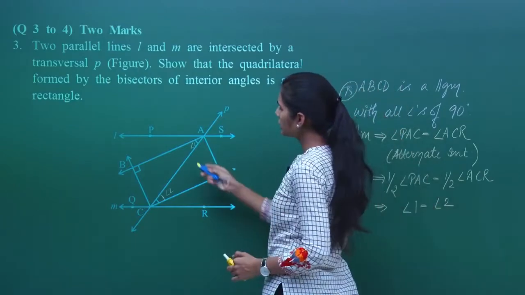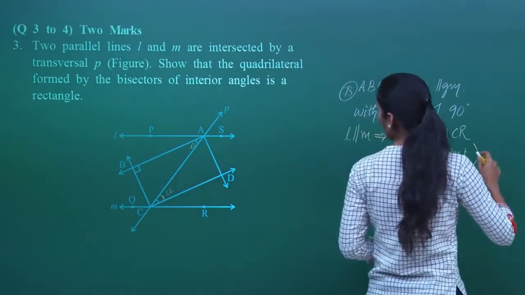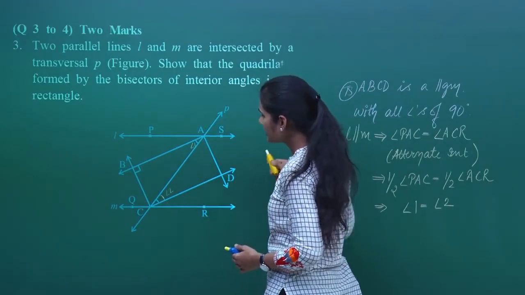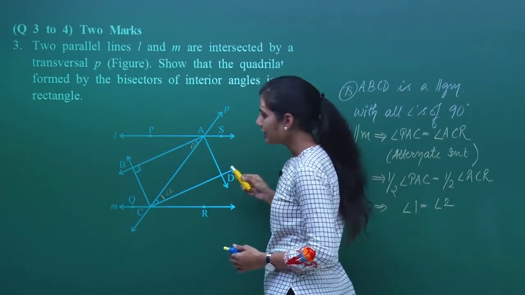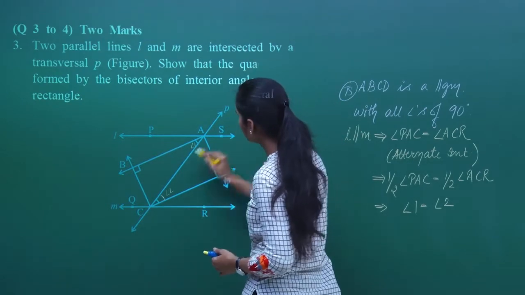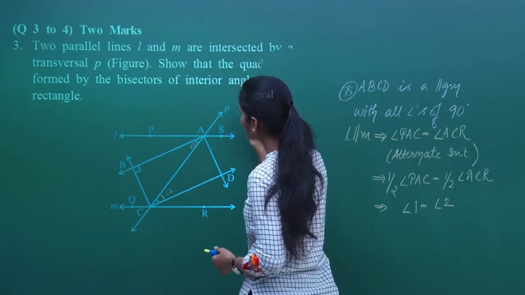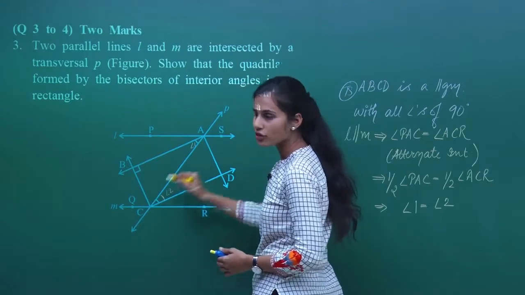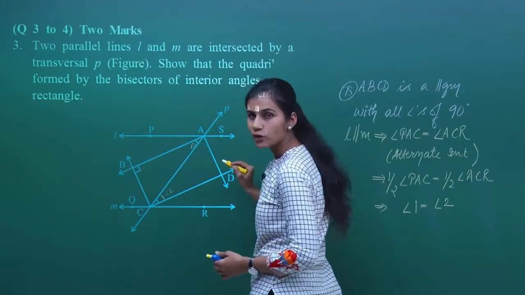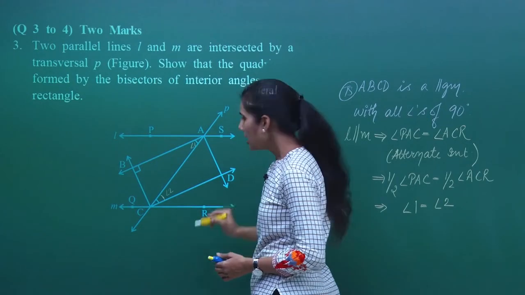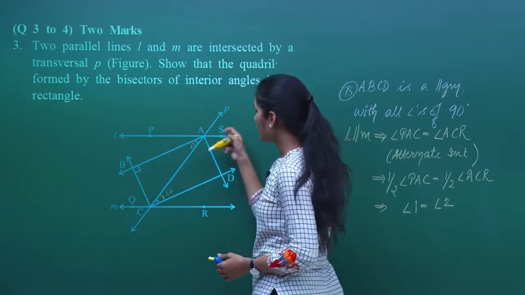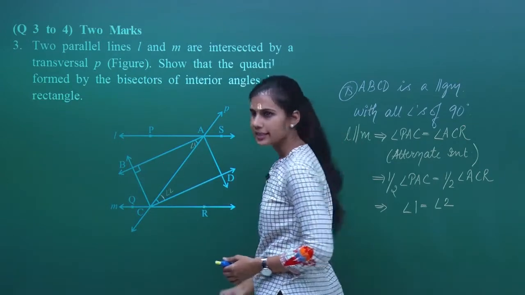Now carefully observe the situation over here. You have this line AB, this line CD, and this line P is acting as a transversal, intersecting the lines AB and CD at two distinct points A and C, making a pair of alternate interior angles equal, and therefore the AB line will be parallel to the CD line.